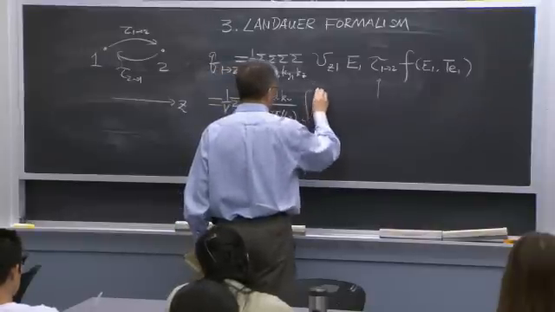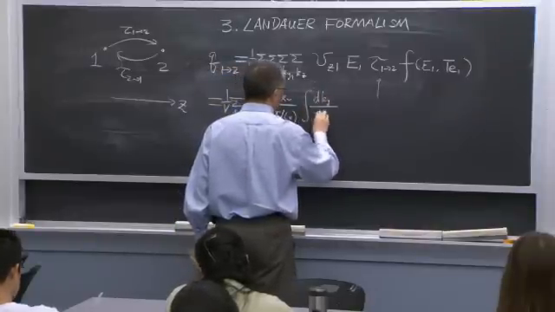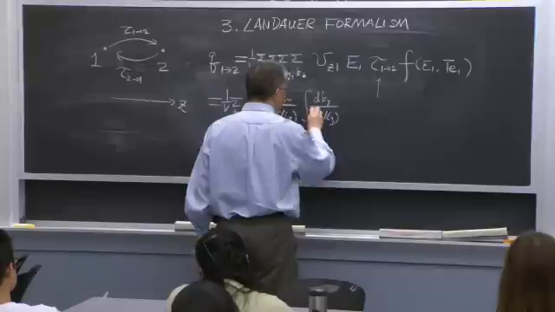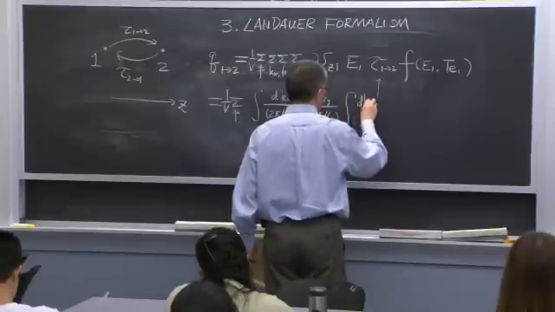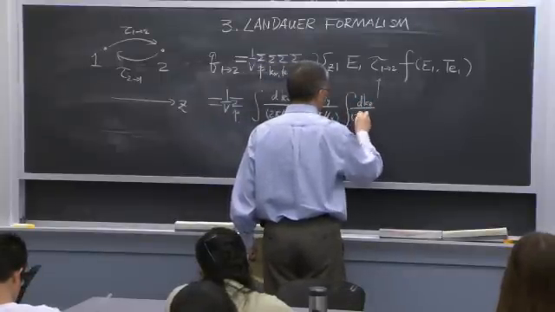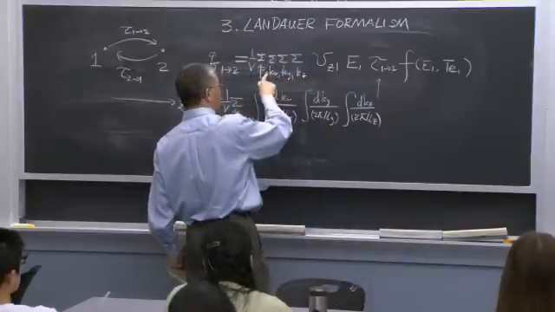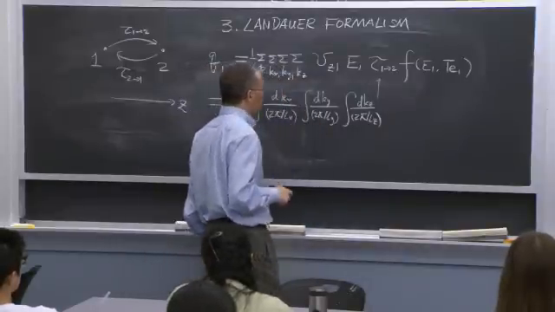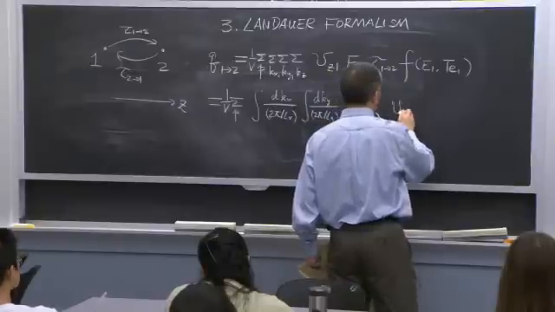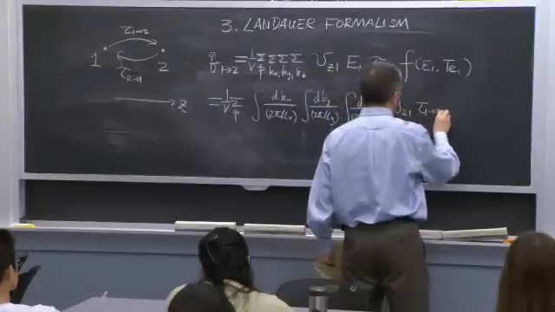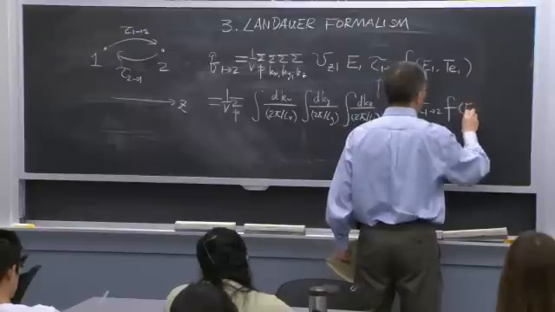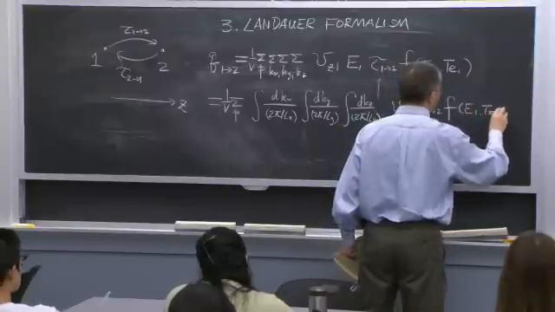And this is dky Ly over 2 pi, dkz Lz over 2 pi. So this is converting the summation points into integration points. I have vz1, tau 1 to 2, f, and E1, T_E1.